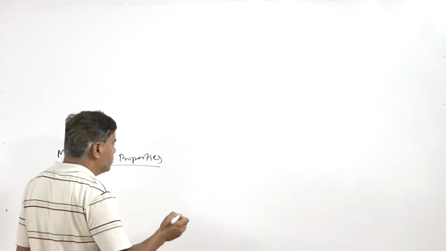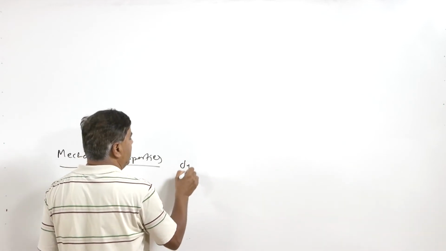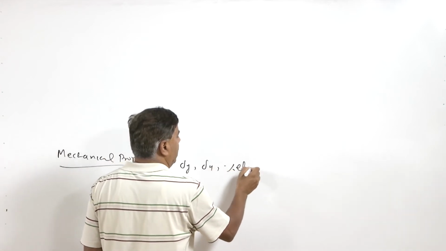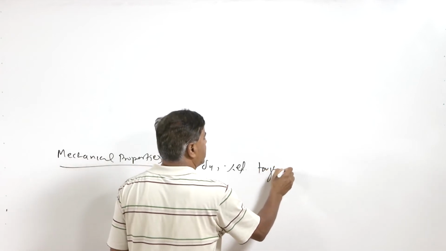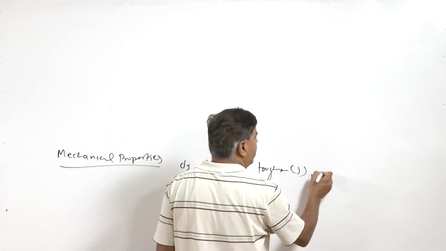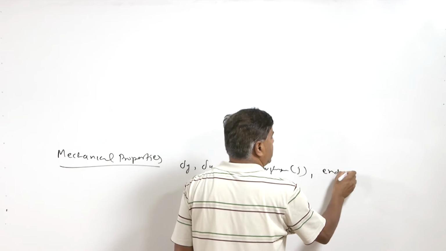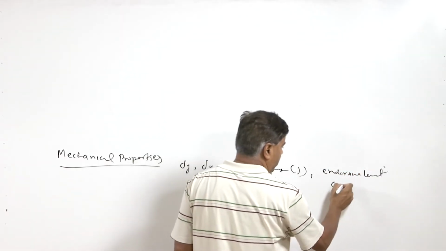If a particular zone has deficient mechanical properties in terms of yield strength or ultimate strength, percentage elongation, or toughness, that is the impact resistance in terms of energy absorbed, or fatigue life in terms of the endurance limit, or you can say the fatigue strength or the creep resistance.